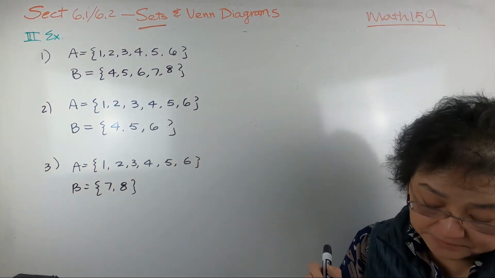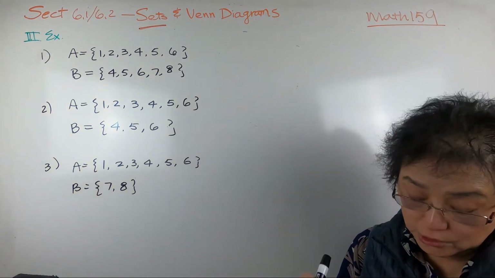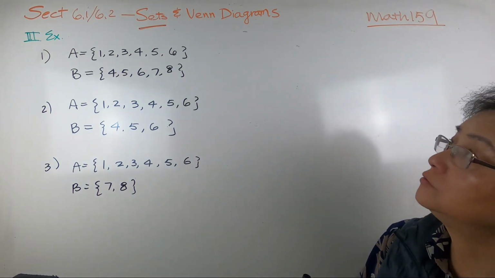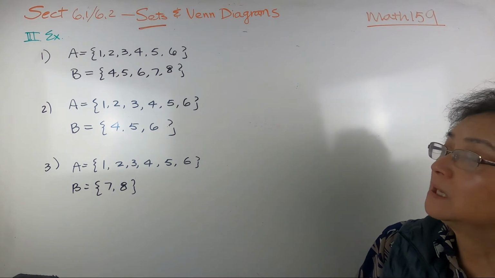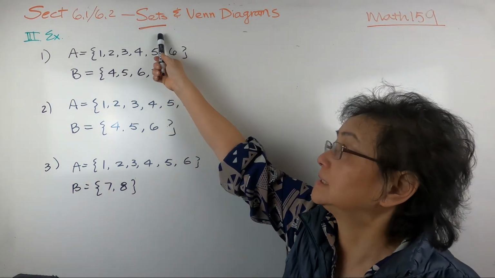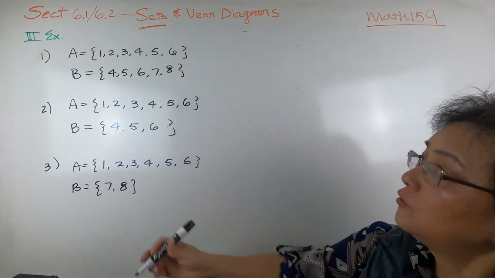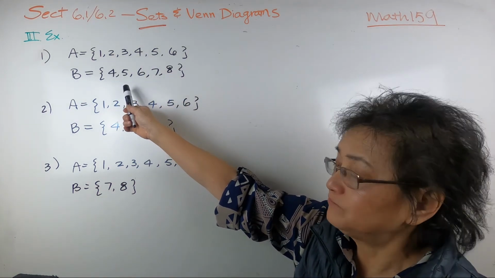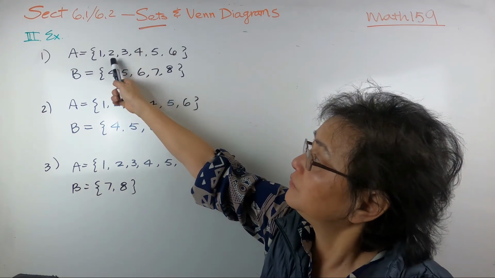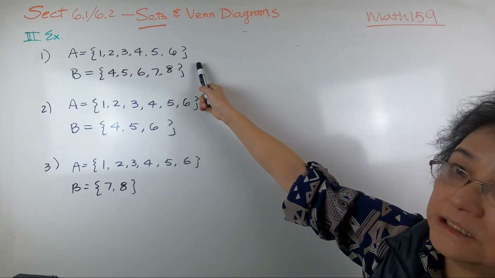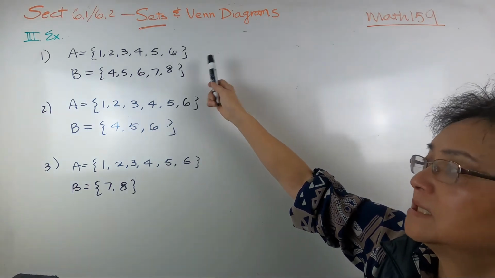Okay, let's see some examples on your page 49. We are going to see the operations on sets with Venn diagrams. Example 1: set A has 6 elements, 1 through 6.